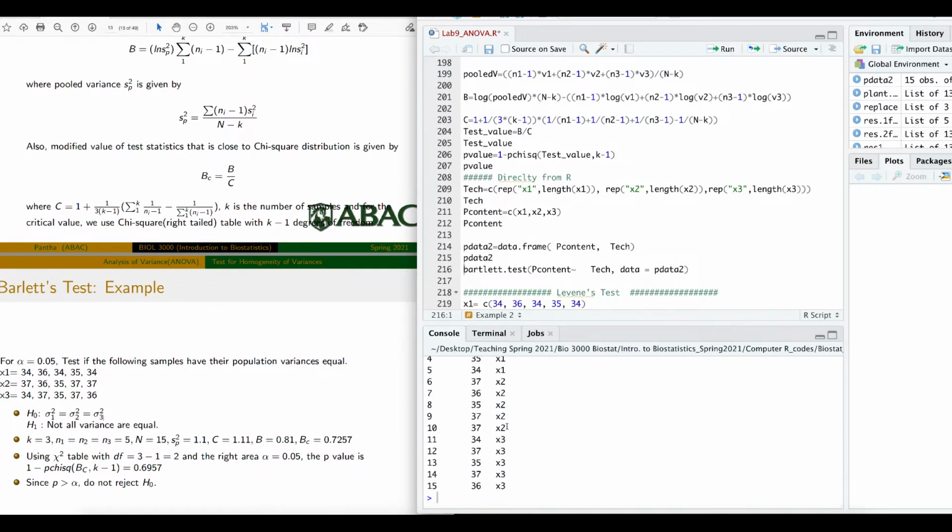Look at this, if you write in terms of the column, this is a similar format to what we used in the one-way ANOVA.